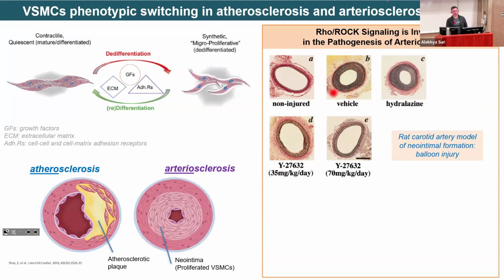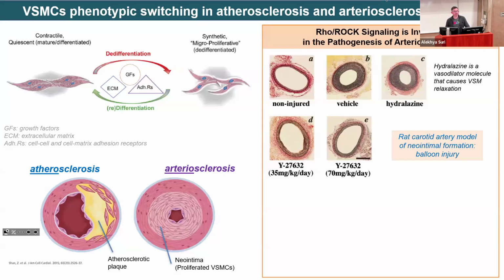The smooth muscle layer is seen in this sort of dark brown layer. And when you give hydralazine, which is basically a vasodilator, you see that a vasodilator molecule cannot cause vasodilation in these cells. So in other words, these blood vessels are compromised in their ability to do what they are supposed to do.